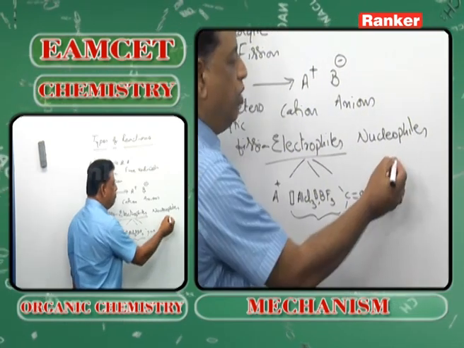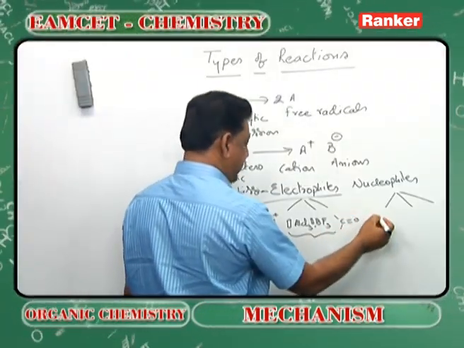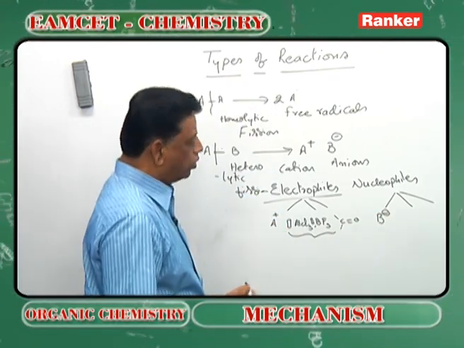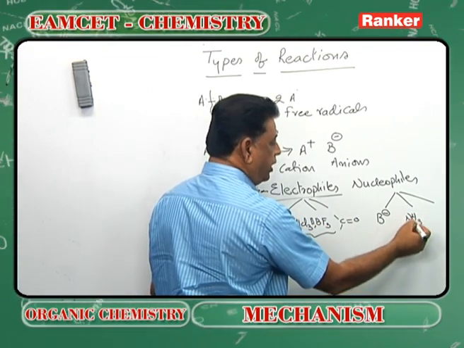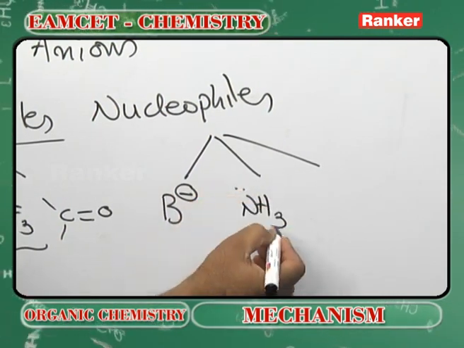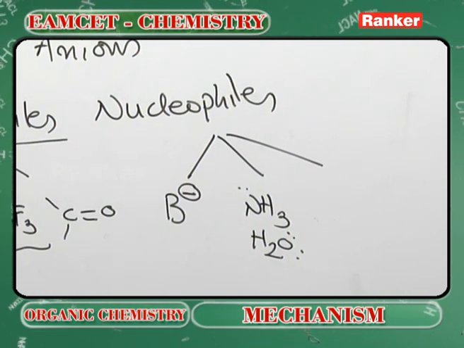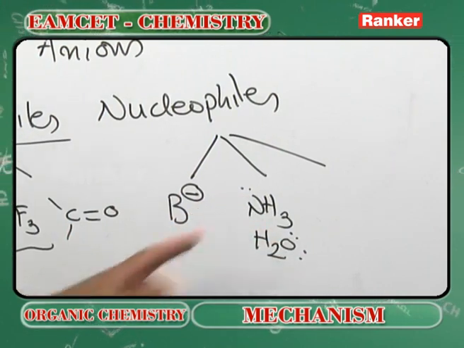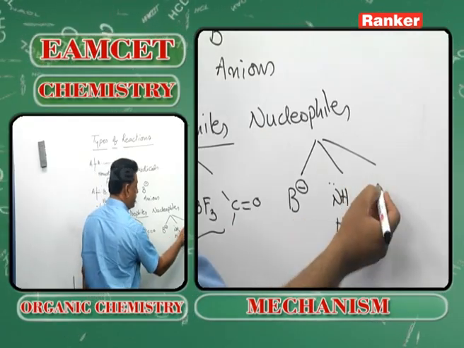Similarly, nucleophiles can also be classified into three types. All anions like B minus are nucleophiles. Then there are neutral molecules like water, ammonia, substituted water, substituted ammonia and so on.